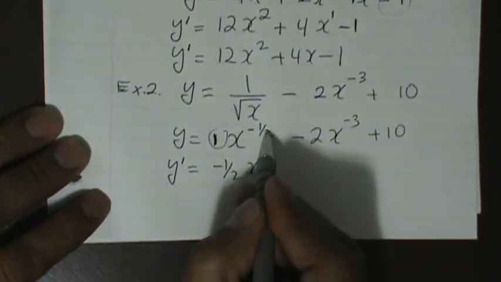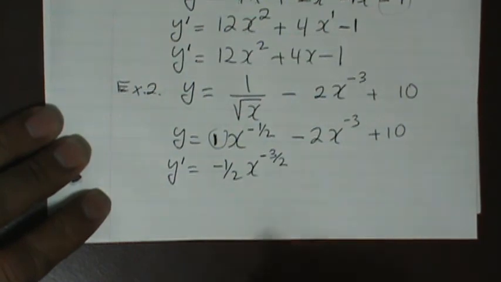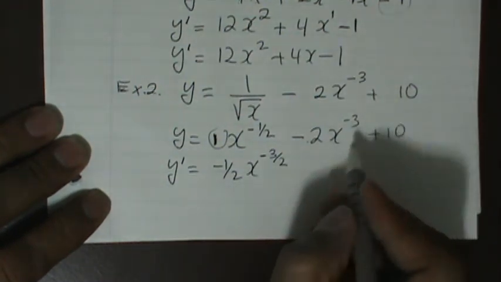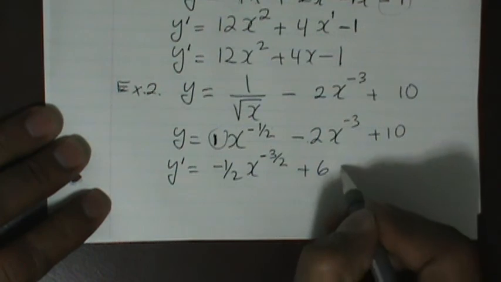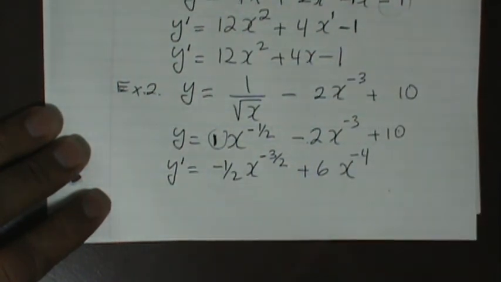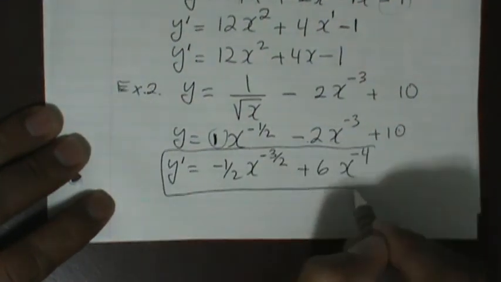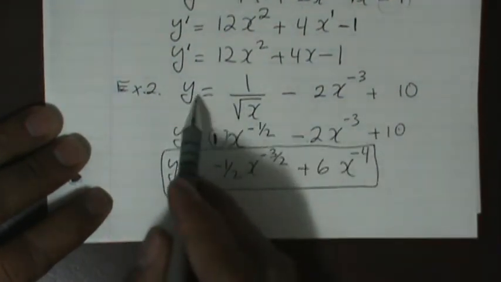And then we subtract 1 from negative half, and it will be negative 3 half. Negative 2 times negative 3 is positive 6. When we subtract 1 from negative 3, it'd be negative 4. And the constant will equal 0. So this is the derivative of example 2, this expression right here.